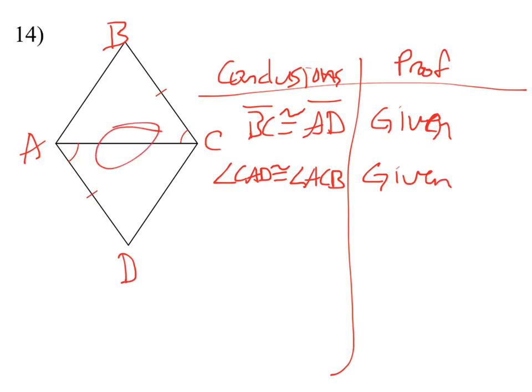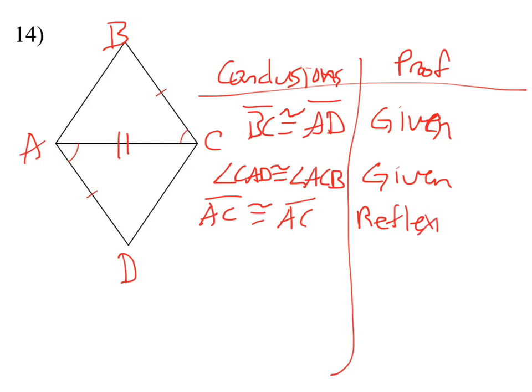I know when two triangles share a side, you can add the congruent markings there. AC is congruent to itself, AC. And that's called the reflexive property. And now we have all that.